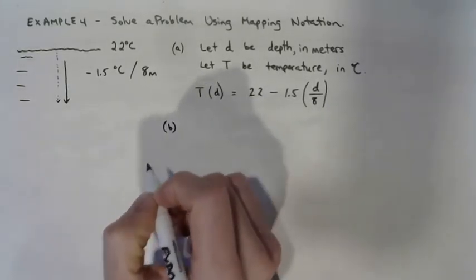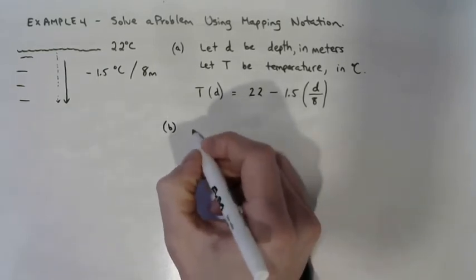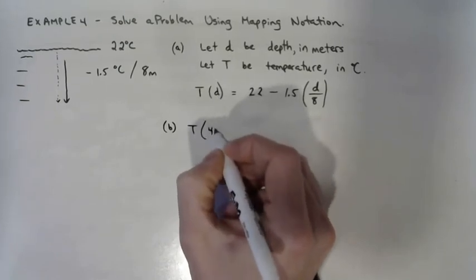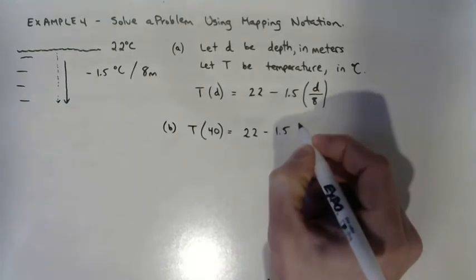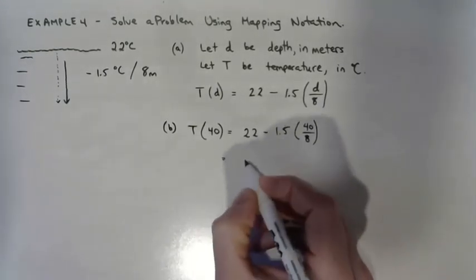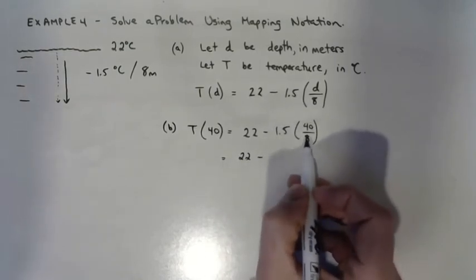What does B say? Use this function to determine the water temperature at a depth of 40 meters. Well, T depends on D, so all I need to do is put 40 in everywhere I see D. So nice of them to give us a multiple of 8 to deal with. Let's reduce this step by step using BEDMAS. I need to deal with what's inside the brackets first.